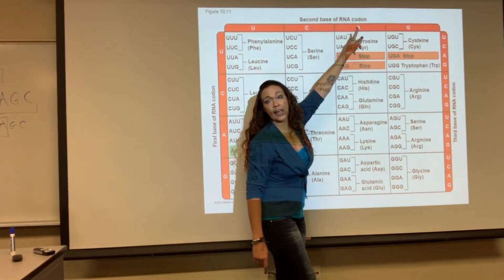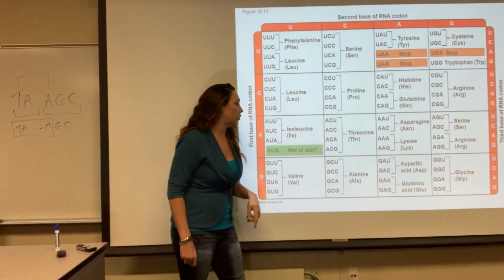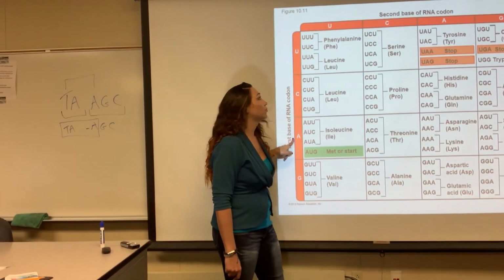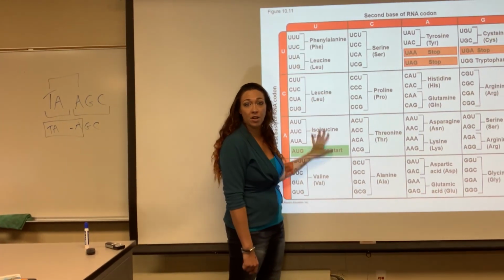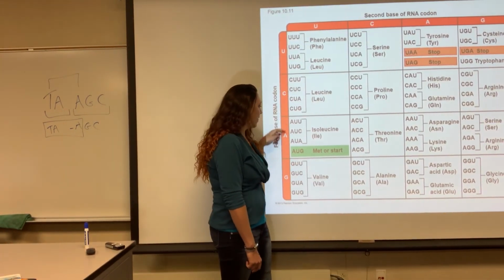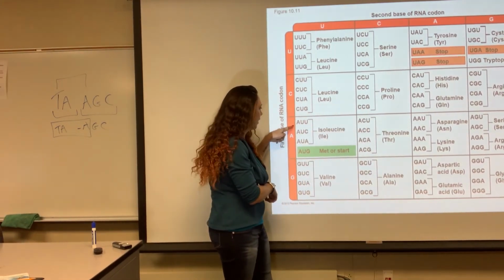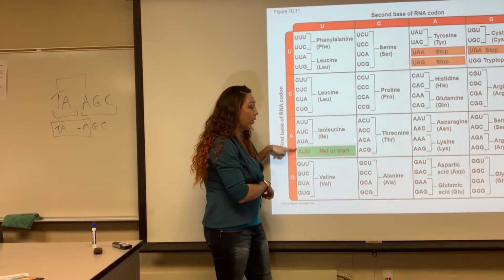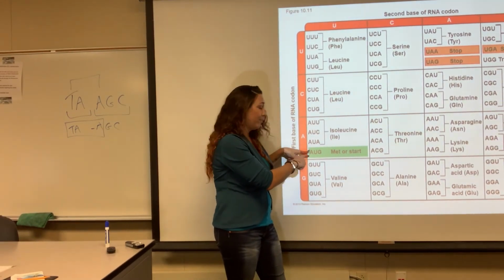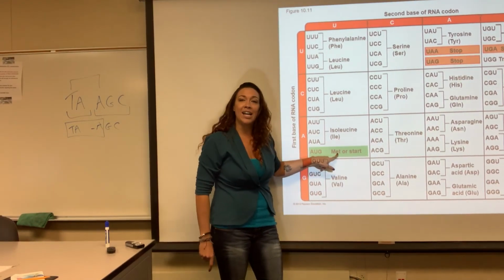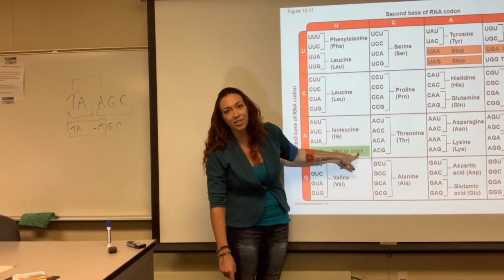U, C, A, and G. So we're looking for AUG. We go to A, we go to U, so we're in this column right here for all the U's, and then we just find it, because the third column is on the right-hand side, but I always find it easier just to find it. AUU, AUC, AUA, oh, AUG, found it. So it codes for methionine or the start codon.